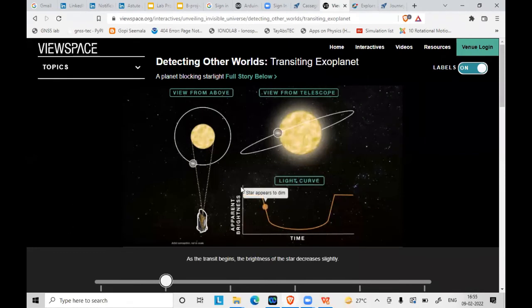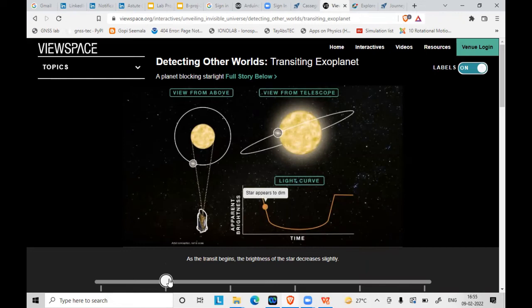As you could see, the exoplanet had just appeared to touch the star's disk, and you can see that there is an apparent change in the brightness of the star, right? Can all of you see that? Yes, sir.